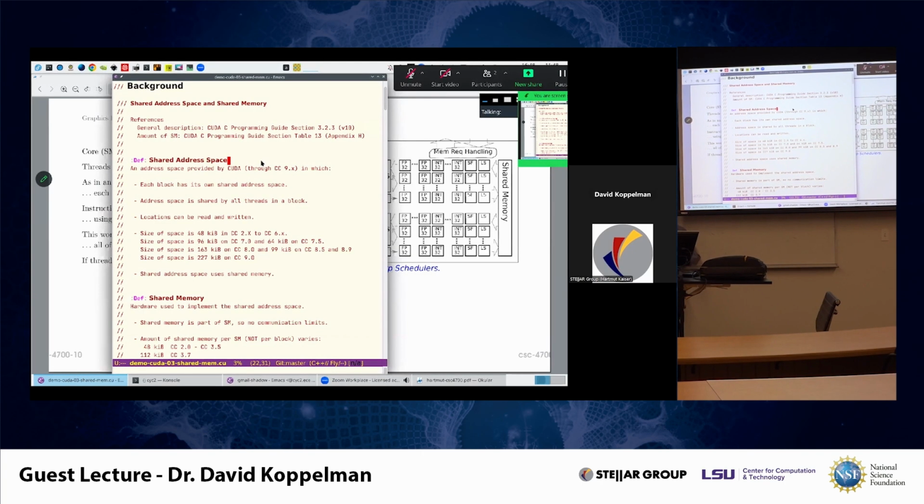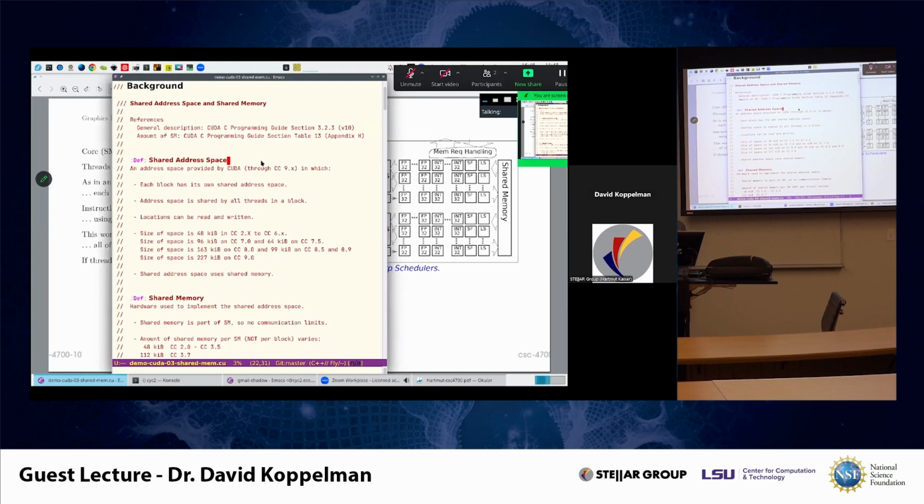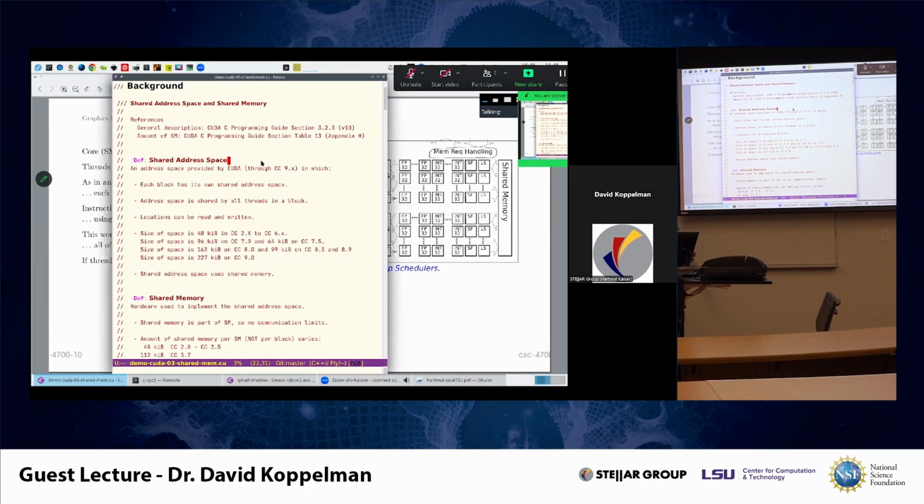So it might be better to manage your own storage, and for that reason, there's shared memory. With shared memory, you essentially explicitly move stuff in there. If you're overwriting something old, you know what you're doing. You're not going to overwrite data that you'll need.